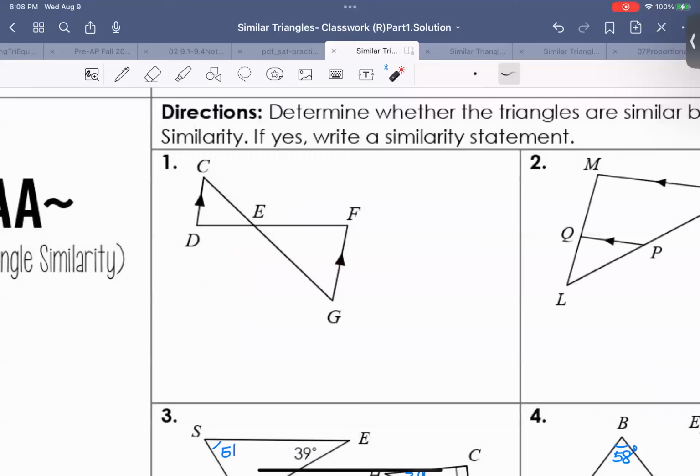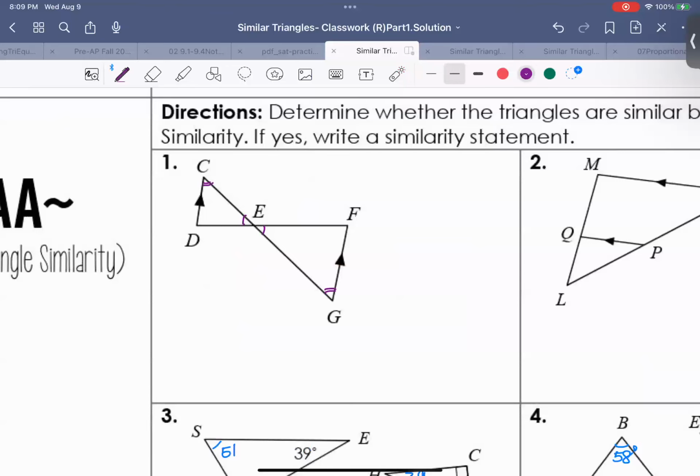The vertical angle would be equal. So you draw this equal because vertical angle. What else? And we also know the alternate interior angle, like this. So that makes us give the conclusion saying these two are similar, right?